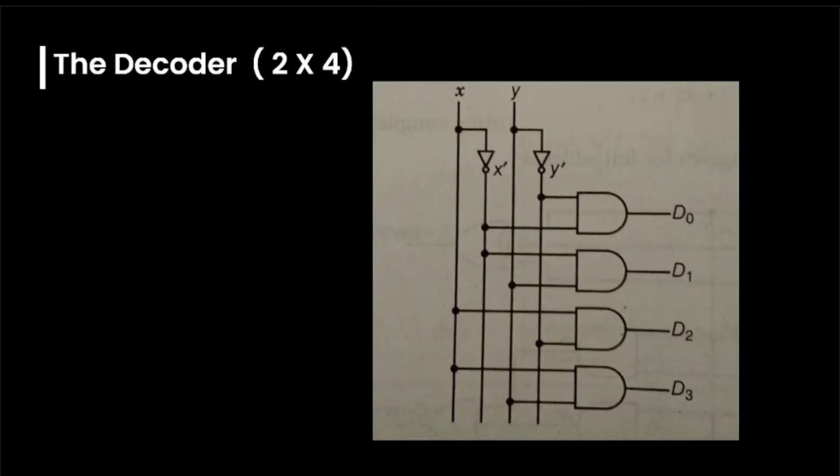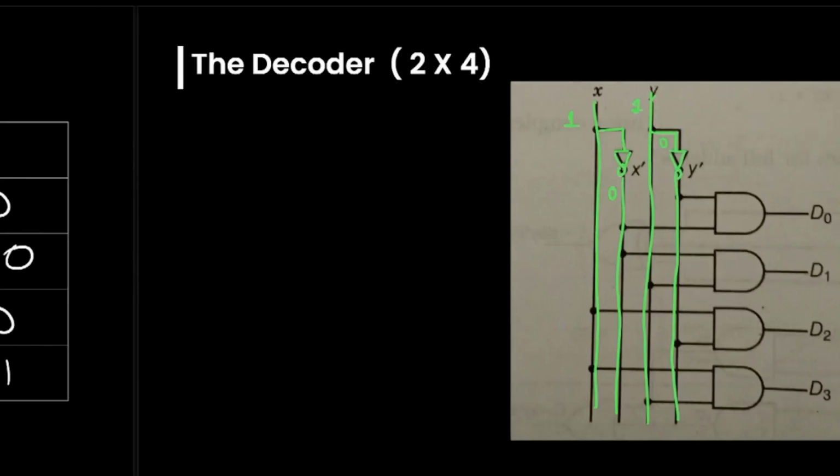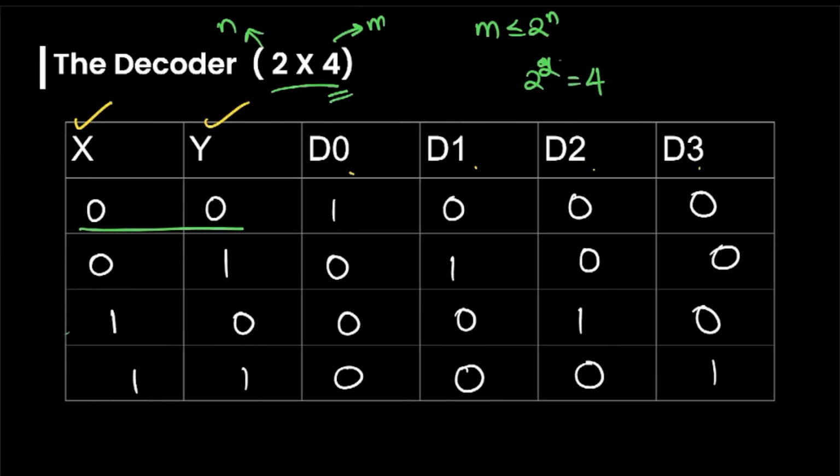Now, look at the logic diagram. How does it work? You have an x input line which gives you 1. You're NOTing it so that you can get 0 for x. Same thing you're doing with y as well: the normal input gives you 1, and NOTing it gives you 0 for y. Now, in the first line, you have both inputs as 0 and D0 is 1.